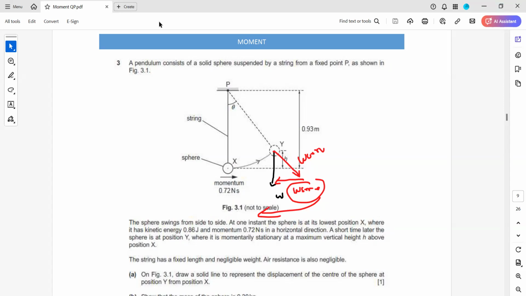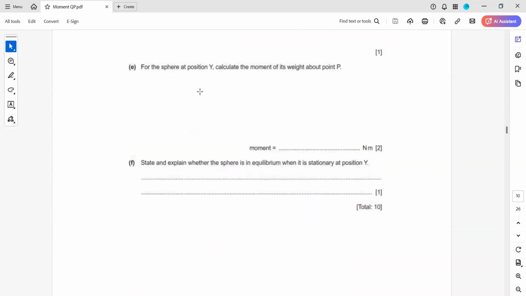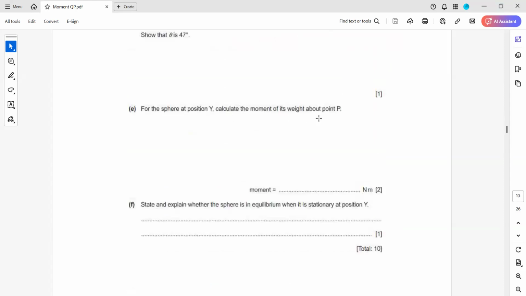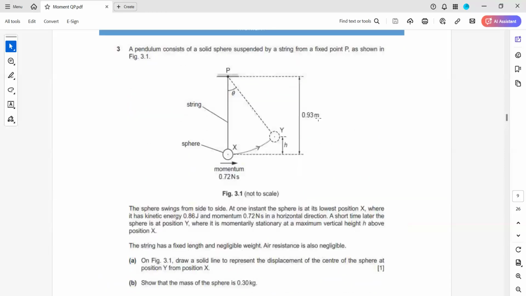Now the distance, what distance do we have to take? As we took the component here, in the question they mention for a sphere, calculate the moment about P. Its weight is acting downward and will have two components, horizontal and vertical. For the component which is causing a turning effect, we take the perpendicular distance from the pivot.